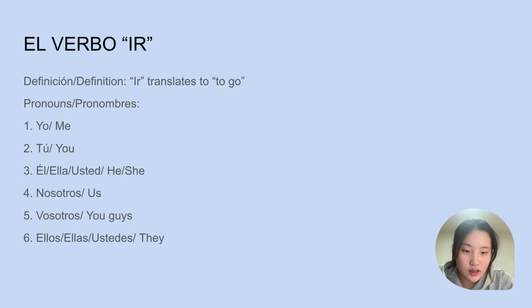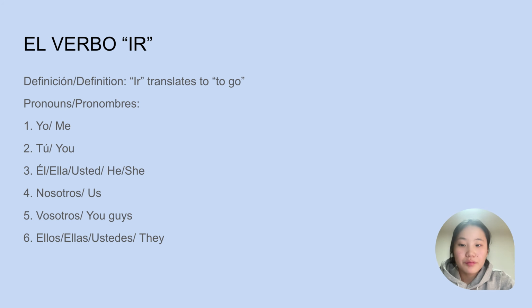And the first things that you have to know are the pronouns, pronombres, in order to correctly conjugate the verb for each pronoun. So the first pronoun that we have is yo, which translates to me, the first person pronoun, and then the second person pronoun is tú with acento en la u, which is accent on the u, and which translates to you, second person.